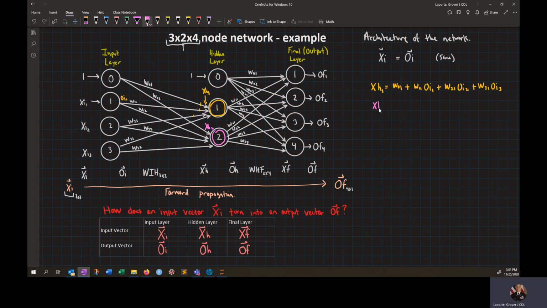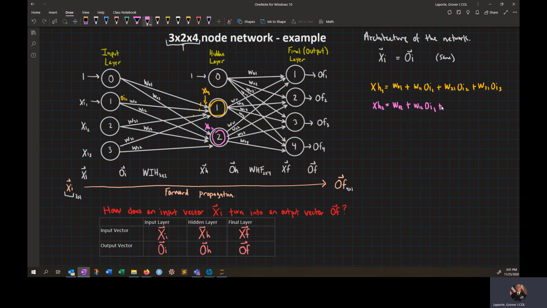XH2 is equal to, again, do the same process, follow it back, W02. So it would be W02 times 1, but we don't need to multiply by 1 because we know that's what's coming in there every time. Now we trace this guy back, and it's W12 times OI1, and you can see that OI1 is the one over here.